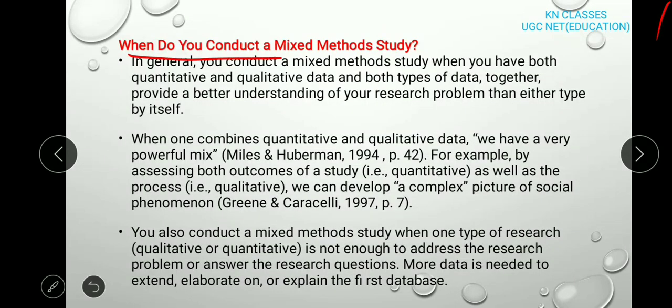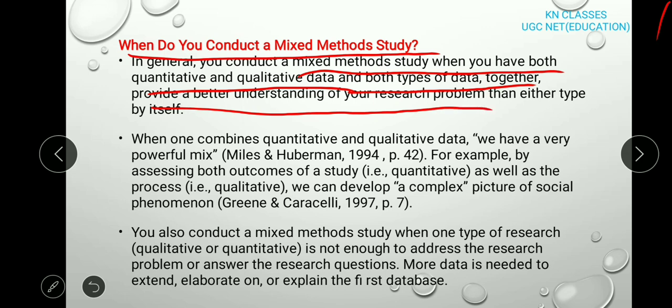When do you conduct a mixed method study? There are three reasons for conducting a mixed method study. You conduct it when you have both quantitative and qualitative data, and both types of data together provide a better understanding of your research problem. So whenever you have both quantitative and qualitative data, we use a mixed method study. Then, when one combines quantitative and qualitative data, we have a very powerful mix.